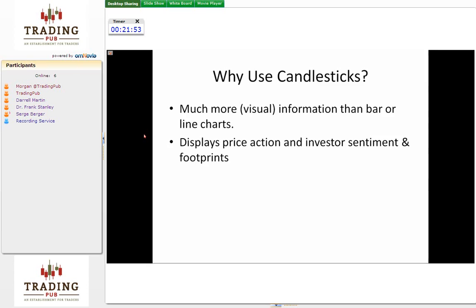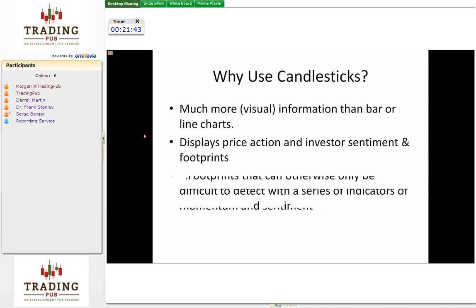Now, why use candlesticks? Again, I just talked about how much more powerful they are simply from a visual point of view. But the other thing is, what the price action of a candlestick really depicts is not only price action, but also investor sentiment and footprints that you otherwise don't see.